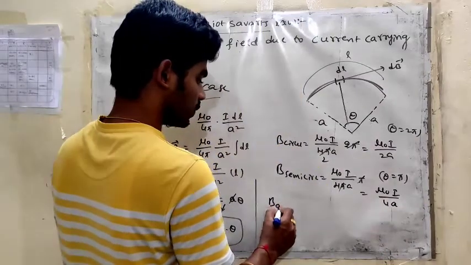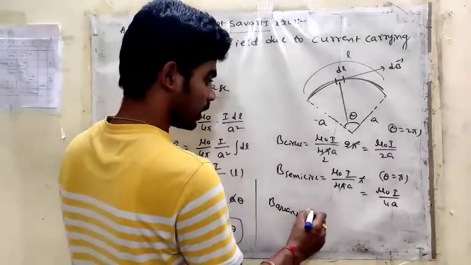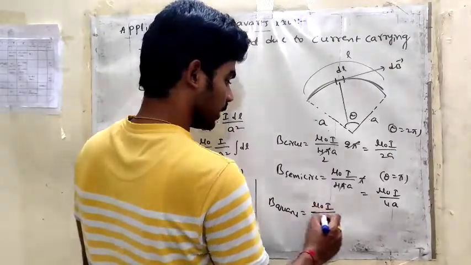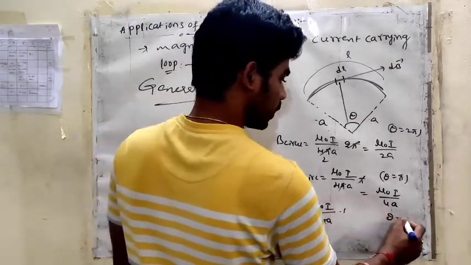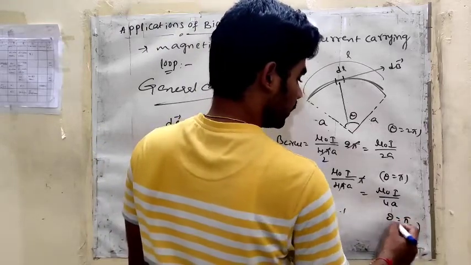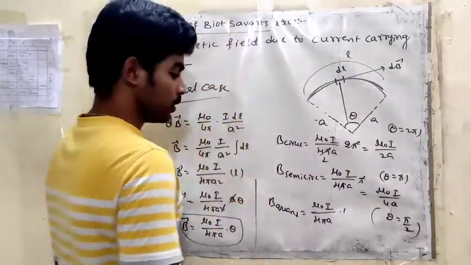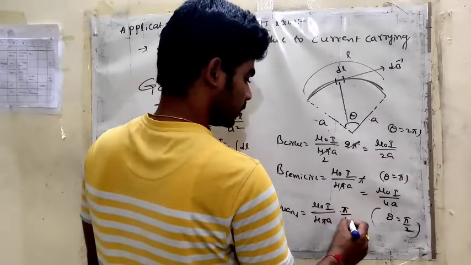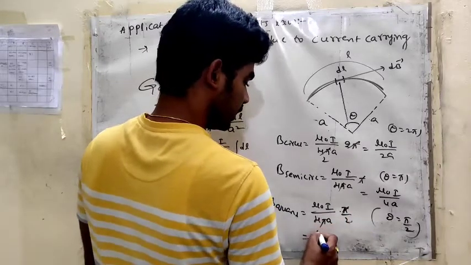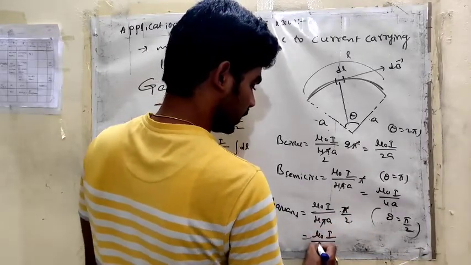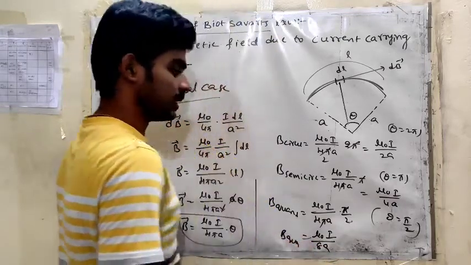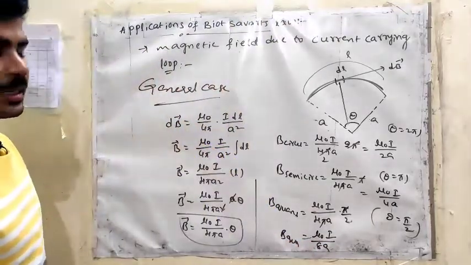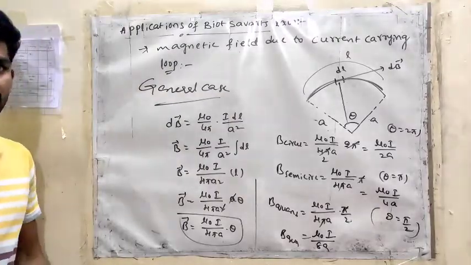Now the quadrant case: mu naught I by 4 pi a into theta, where theta is equal to pi by 2, 90 degrees only, no? Pi gets cancelled, and here we get mu naught I by 8a. So this is the quadrant case. Okay, clear? So thank you.